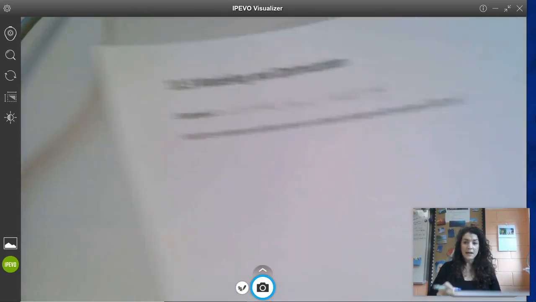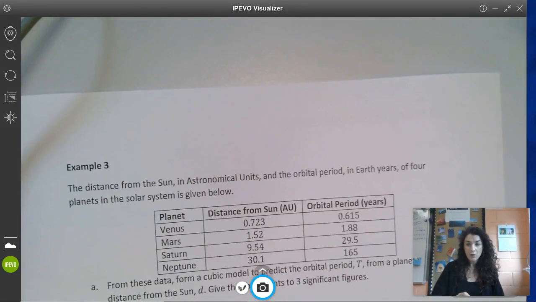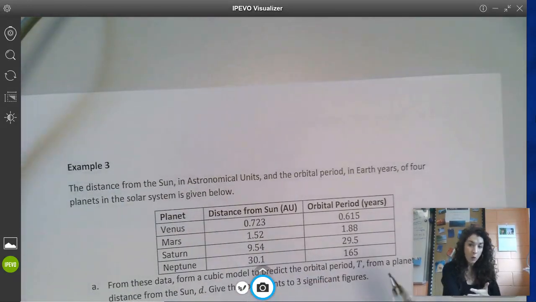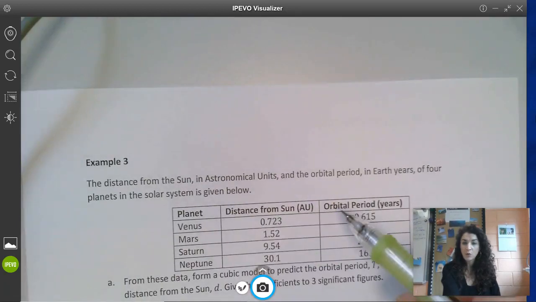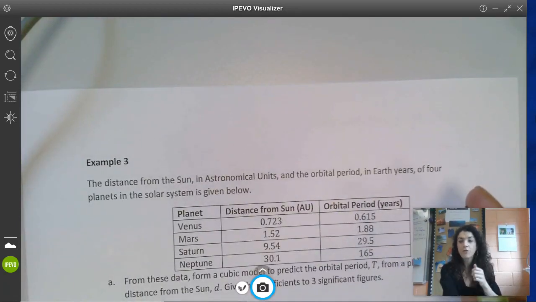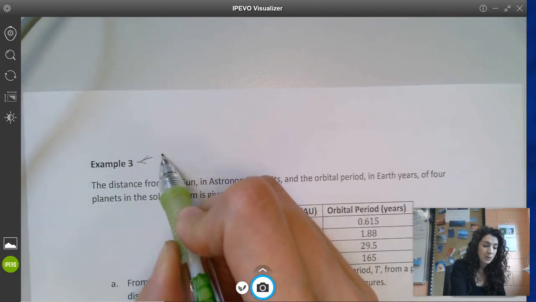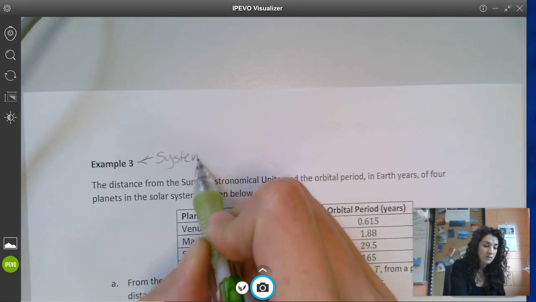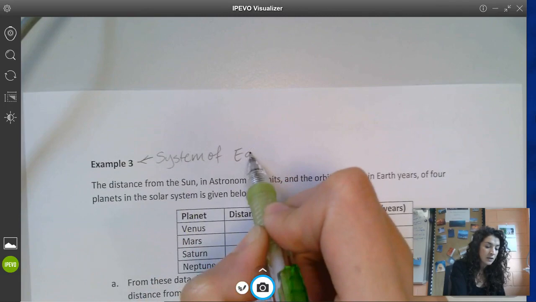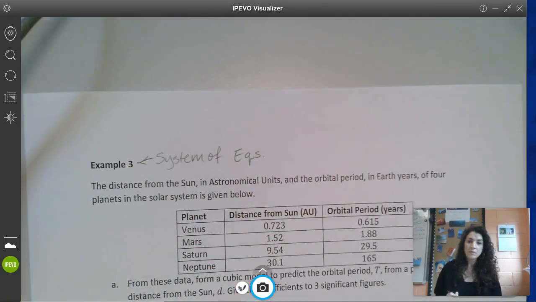And we also have a system of equations, where if we have four unknowns, which for cubics we have, we would create four equations out of 4 points to make a system of equations to solve for your A, B, C, and D. And that's example 3, your system of equations, EQs for equations, type of modeling.